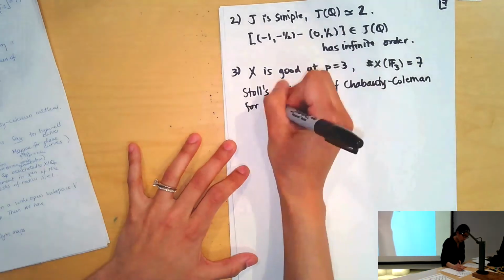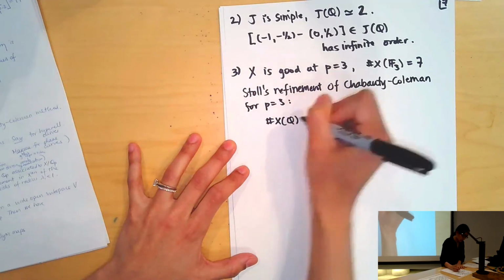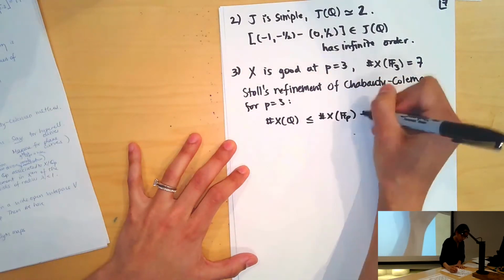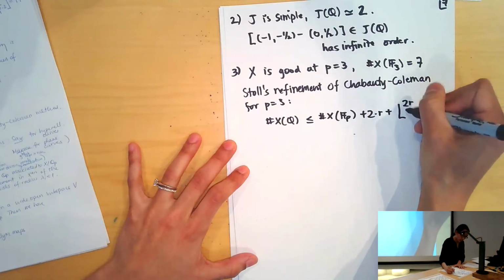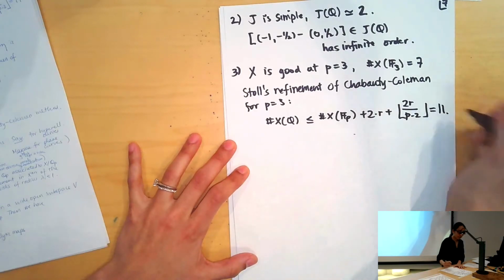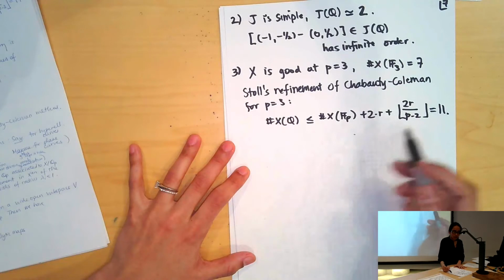For p equals 3, the number of rational points is bounded by the number of F_p points plus 2 times the rank plus this factor, the floor of 2r over p minus 2. In our case, this turns out to be 11. So we know 7 rational points, but the upper bound is 11.